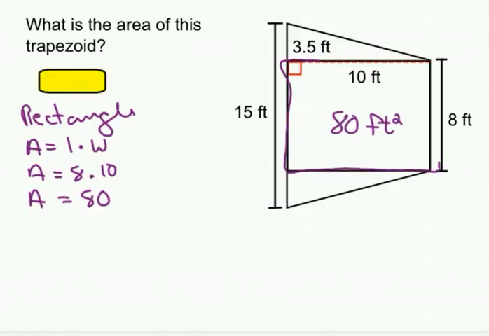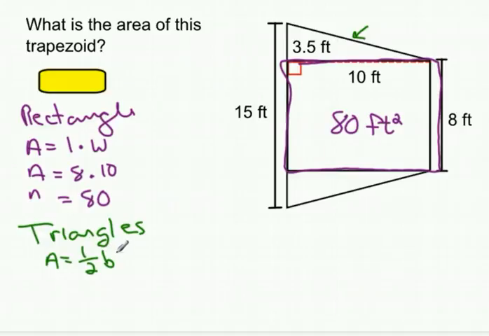Now what we have to do is figure out the area of one of the triangles. So if we want to figure out the area of the triangles, we take the area of our triangles and we set up our formula, which is going to be the area will equal 1/2 times the base times the height, and I'm going to write it over here where I have more room.